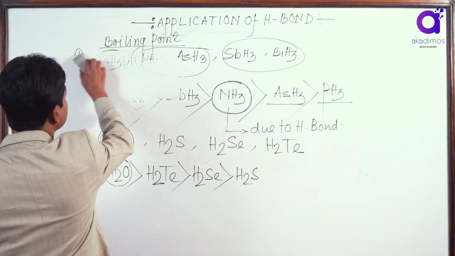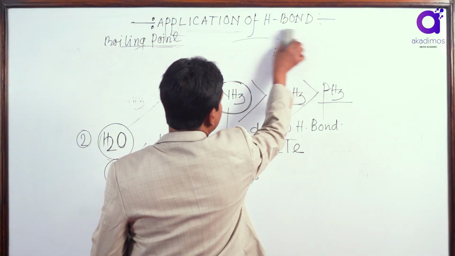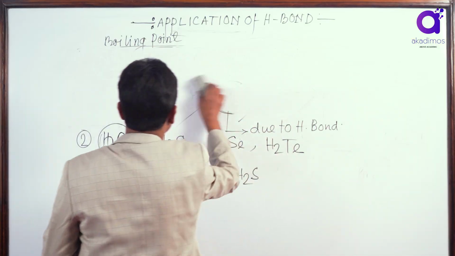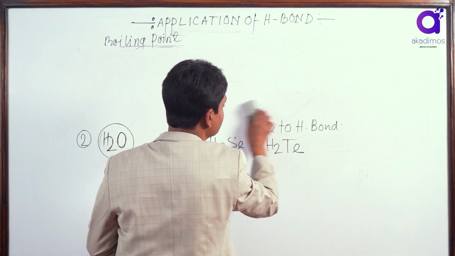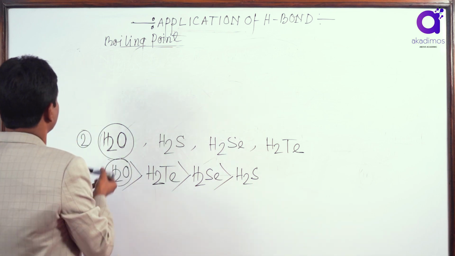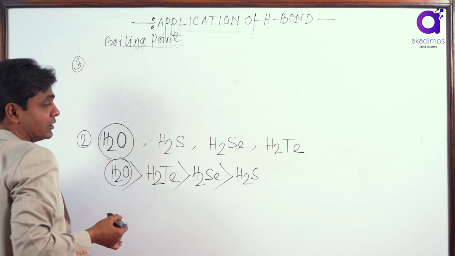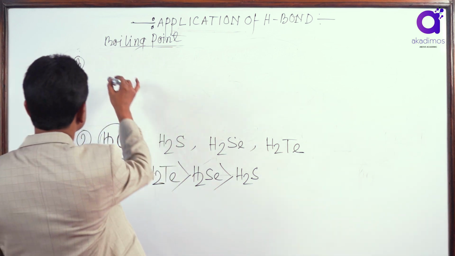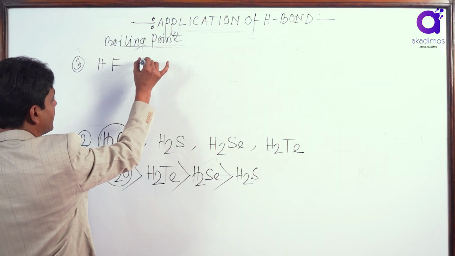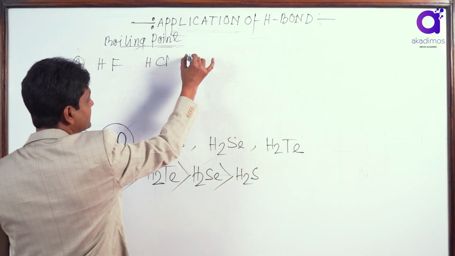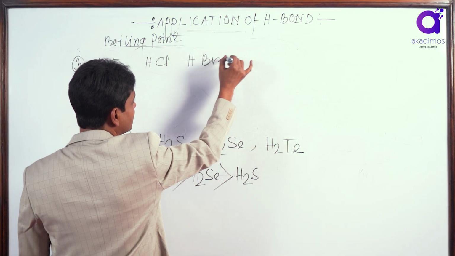Now, third example, boiling point. I'm taking halogen hydrides: HF, HCl, HBr, HI.